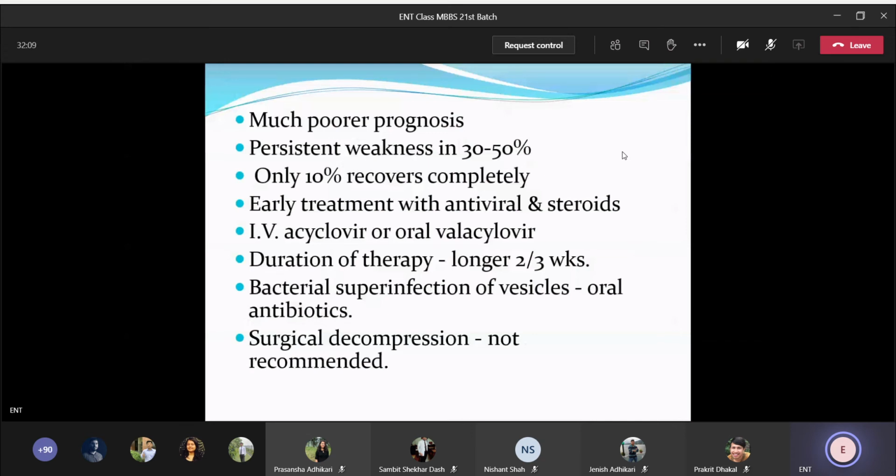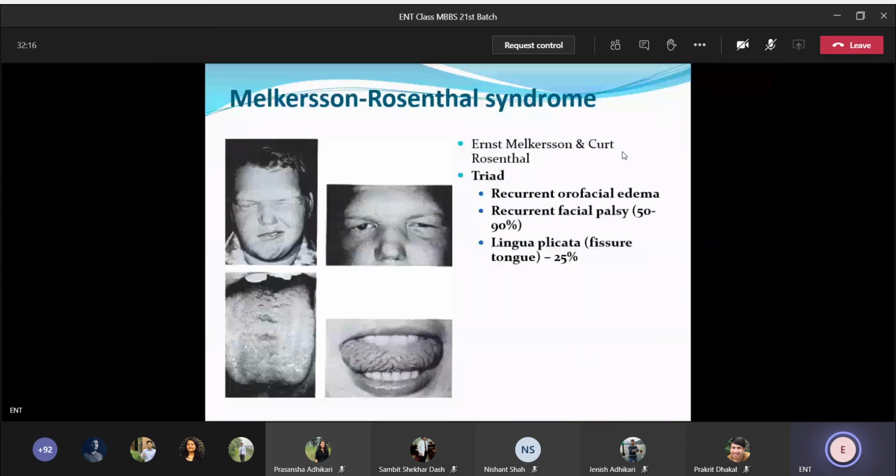The other is Melkersson-Rosenthal syndrome. It is named after Ernst Melkersson and Curt Rosenthal. The peculiarity is that it has a triad: recurrent orofacial edema, where the patient gives a history of repeated orofacial edema; recurrent facial nerve palsy in 50 to 90% of cases, and the facial nerve palsy is alternating. It occurs on one side, then another day on the other side, and again on the other side.